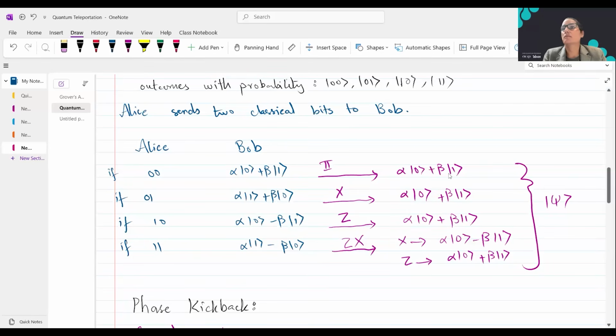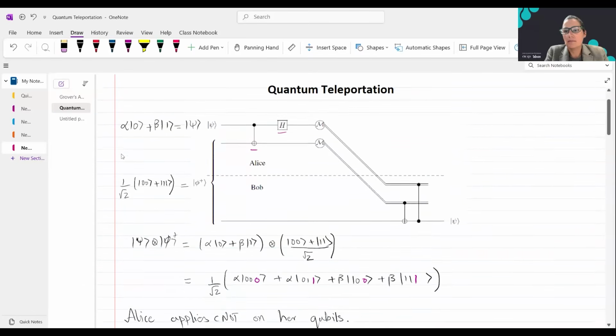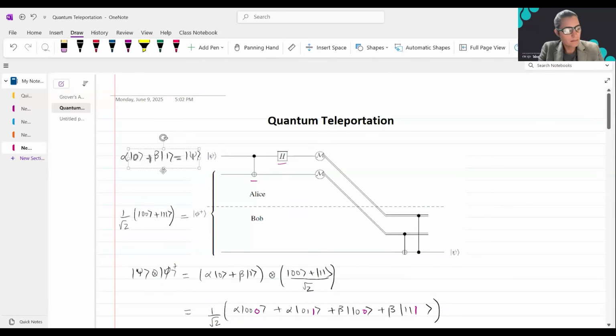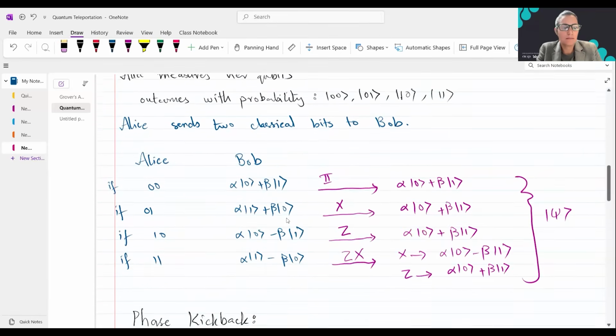That information was with Alice only. That qubit was with Alice only. And as we can see after the entire protocol, this is exactly the same arbitrary qubit that we began with. The state psi, when Alice had this qubit in her lab, was exactly alpha 0 plus beta 1. Bob had no prior information about what the state is, what the amplitudes are, and so forth. The only information that he had was once he receives the bits.